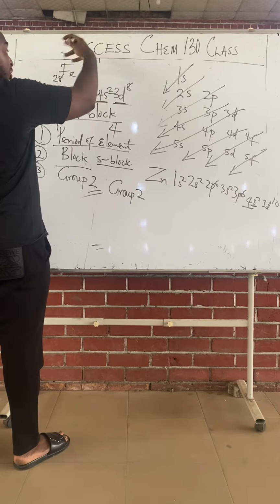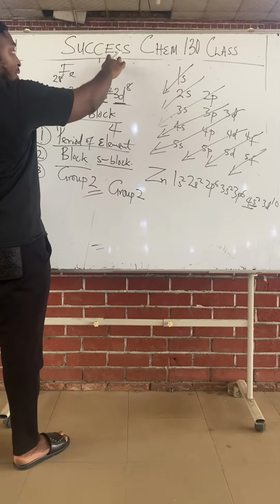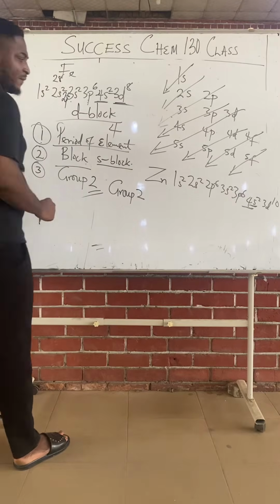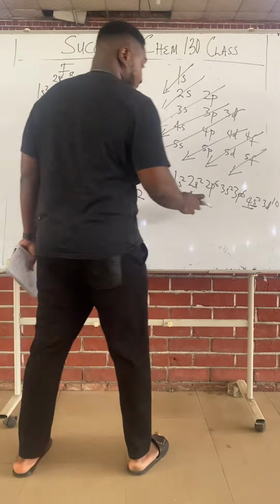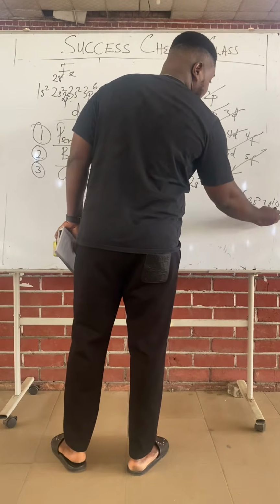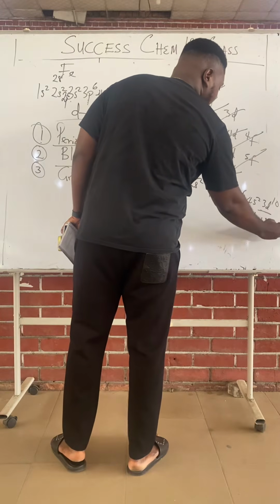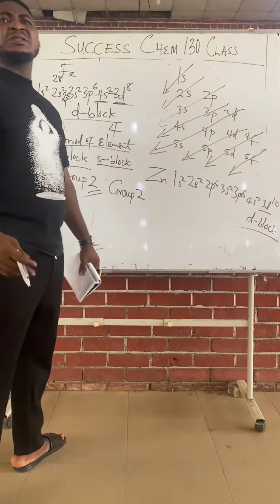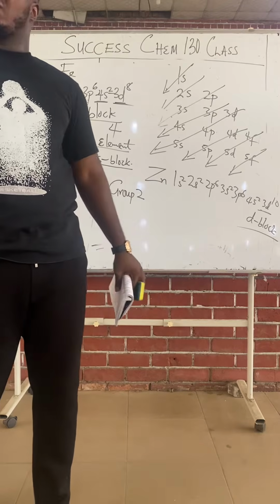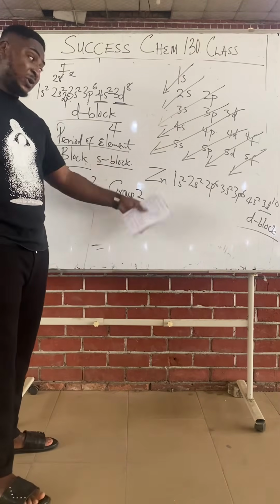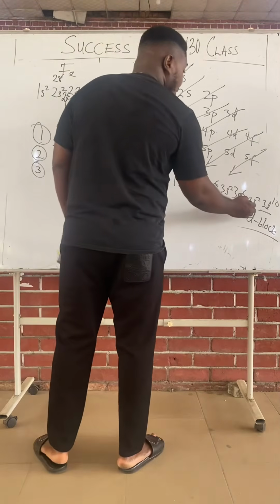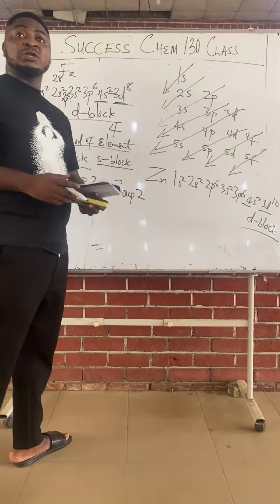That helps us know the period and the group, but the block is the last block that receives an electron. Same with zinc, zinc belongs to the D block. For the period and group, yes, 4 and 2.